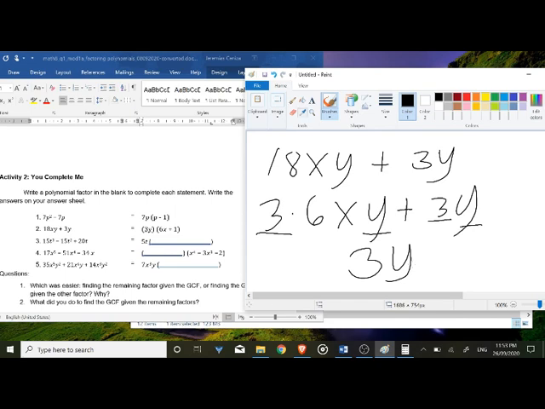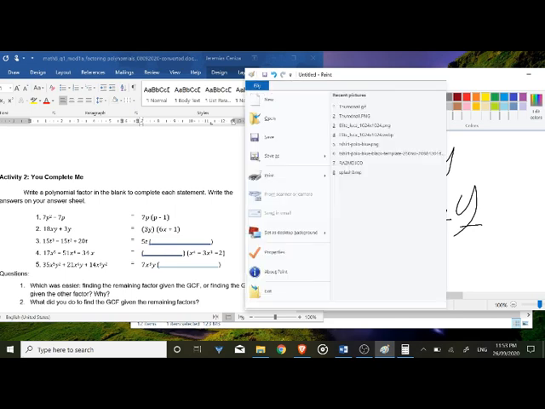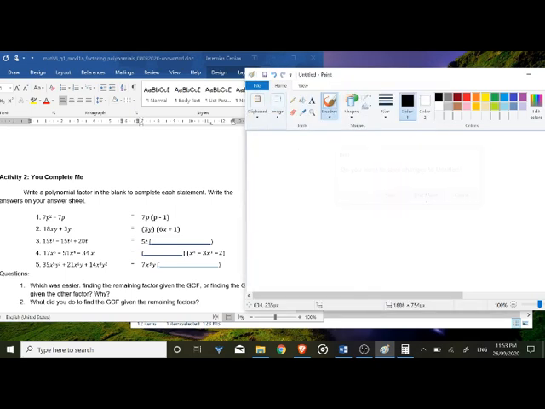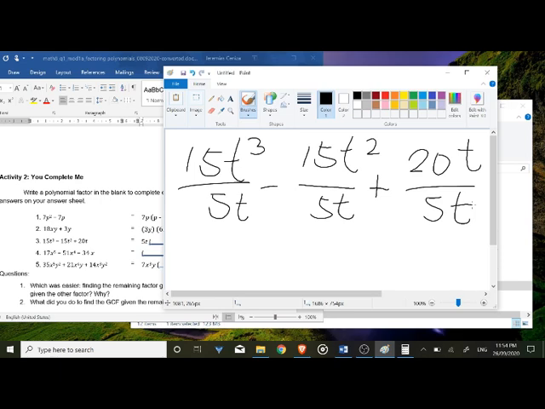So, what to do? Again, divide each term by the common monomial factor. 15 divided by 5, that's 3. T cubed over t, that's 3 minus 1, that's t squared. 15 over 5 again, that's 3t.